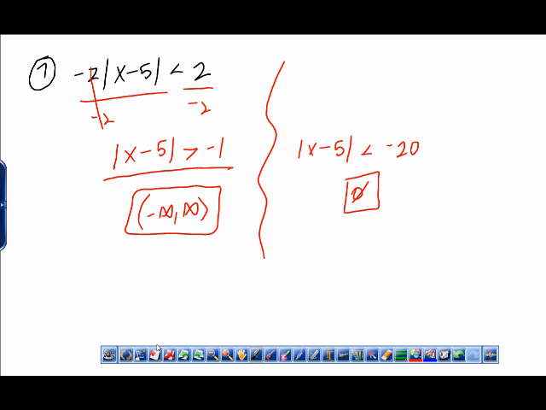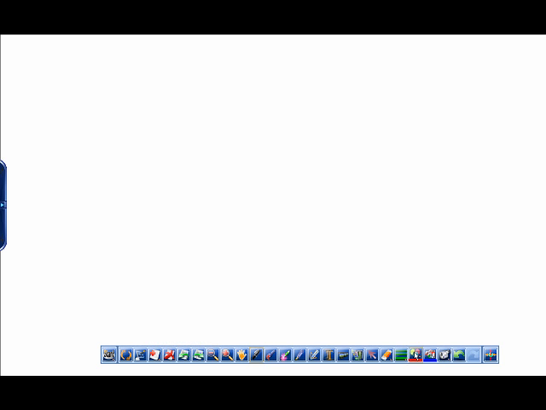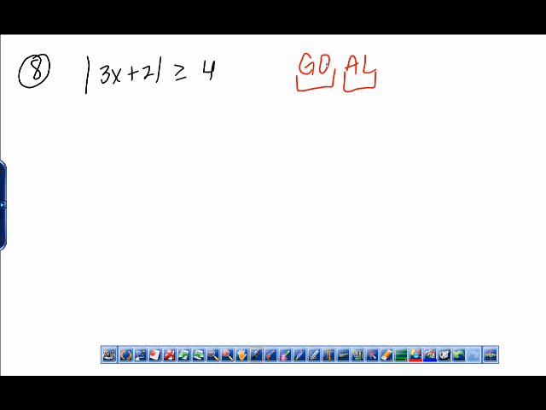Okay, one last problem. Let's say we had the absolute value of 3x plus 2 is greater than or equal to 4. So again, the absolute value is already isolated for you. If that hadn't happened, you would need to do that. Let me write the goal again. This is a greater than, so this means an or.